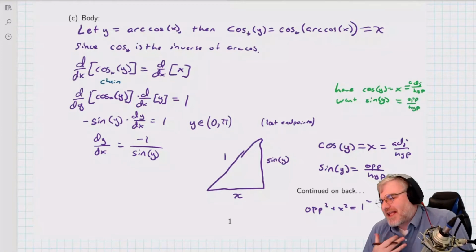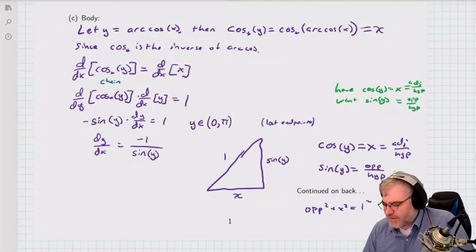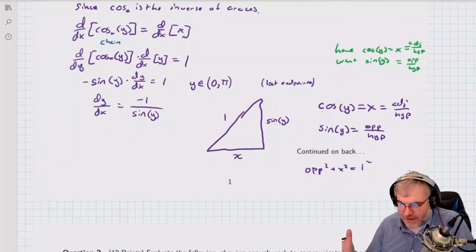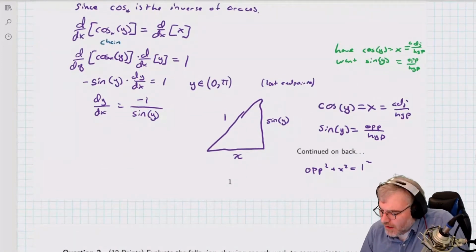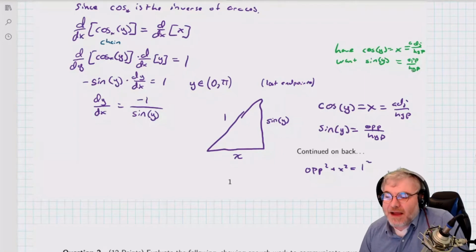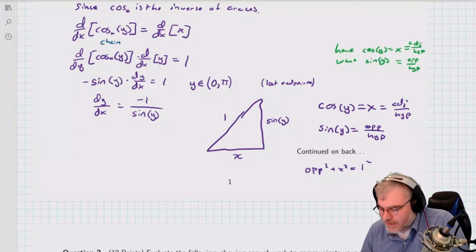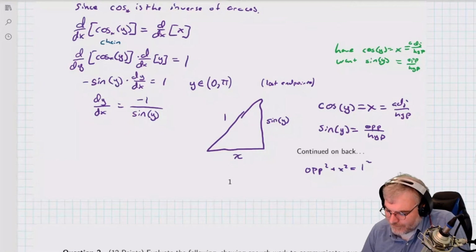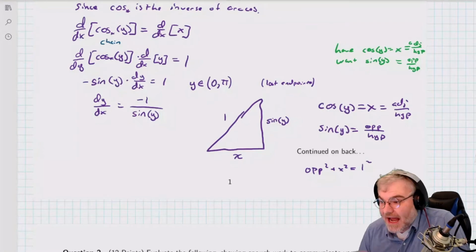Now, wouldn't it be nice, little Beach Boys there. Wouldn't it be nice if the hypotenuse was 1? Wouldn't it be nice if the hypotenuse that we have to divide by really was 1? Yeah. I'll make it 1.